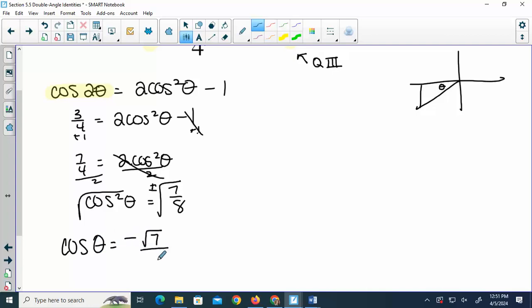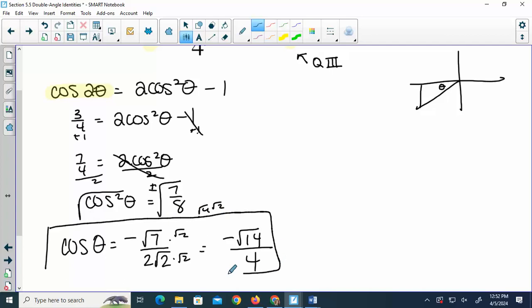Square root of 7 over, how do we break apart square root of 8? 4 and 2. So we could change. Can we leave it like that for our final answer? No, multiply. So we found that cosine is negative radical 14 over 2 times the square root of 4, so 2 times 2, which is 4.